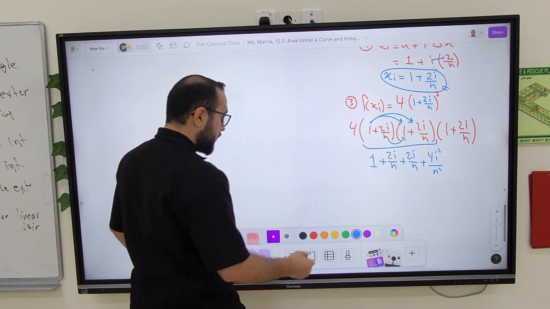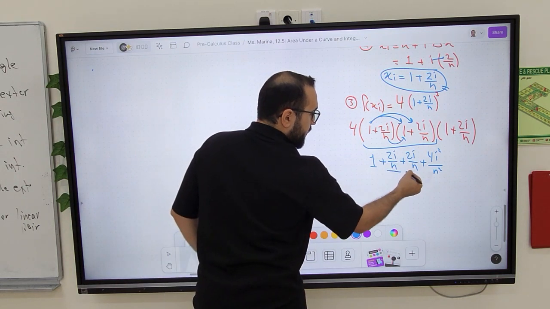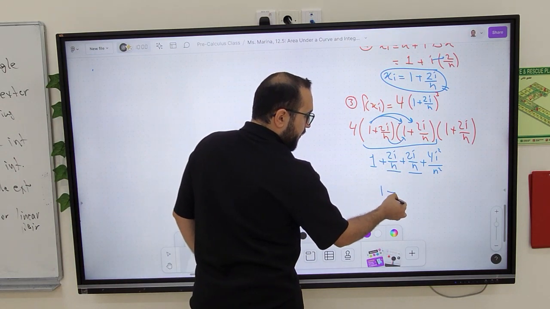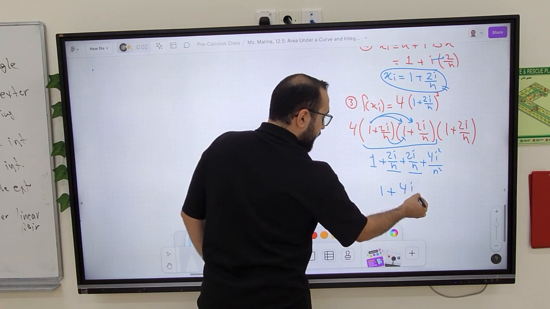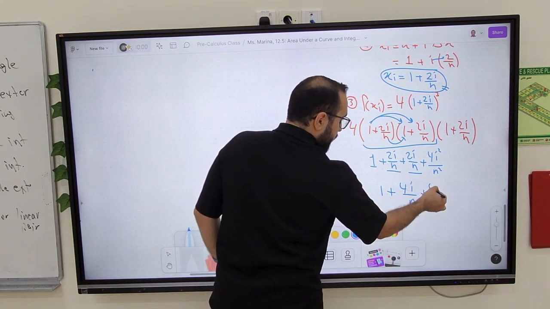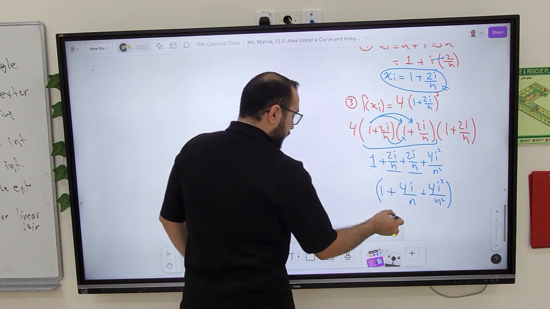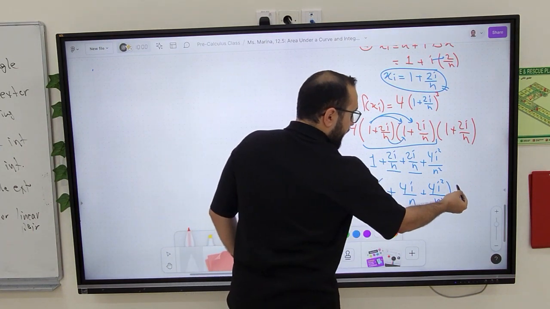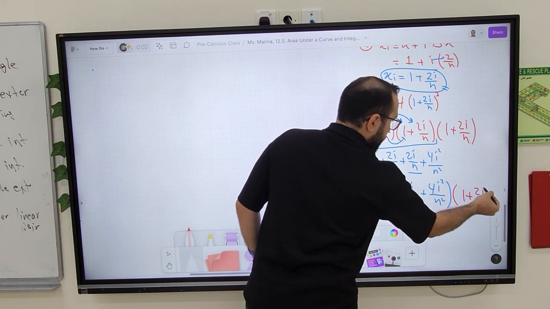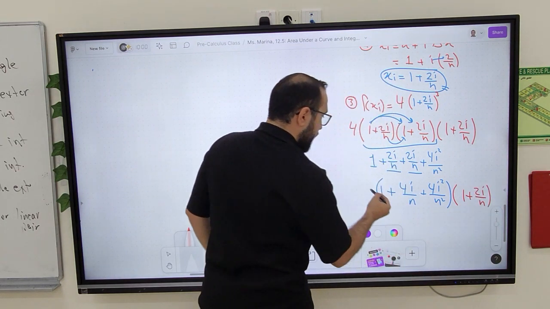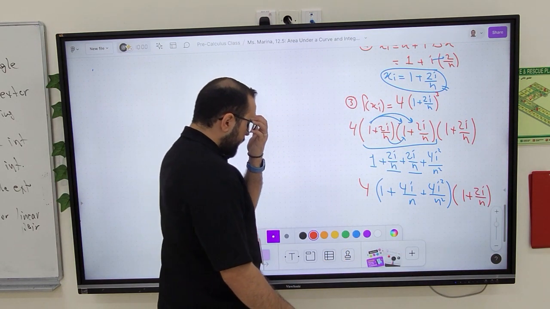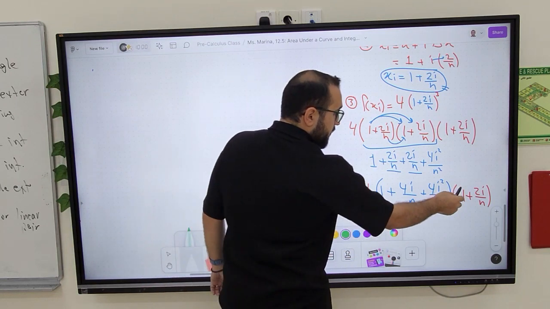If we go down, add the like terms, we have 2i over n and 2i over n. So we have 1 plus 4i over n plus 4i squared over n squared. So all of that multiplied by what? 1 plus 2i over n. And don't forget the 4. Now let's distribute this bracket.